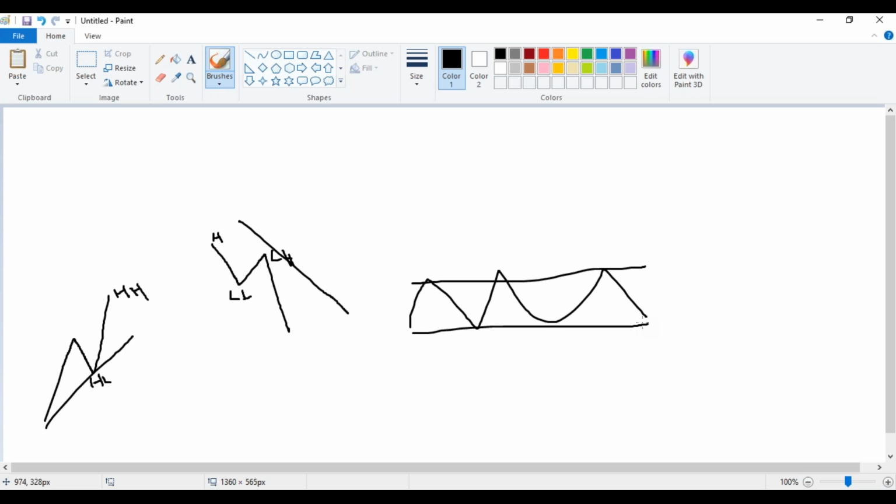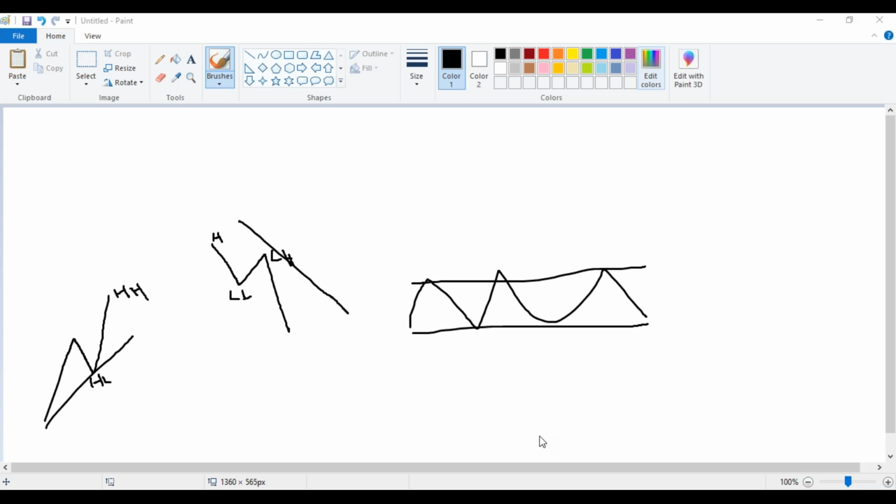Here's a sideways movement. This is not a part of our strategy. Pullback will be looked for in an uptrend and a downtrend. These two trends are very important to understand. So is that clear to all of you? Okay, so anyone having a query related to trend?